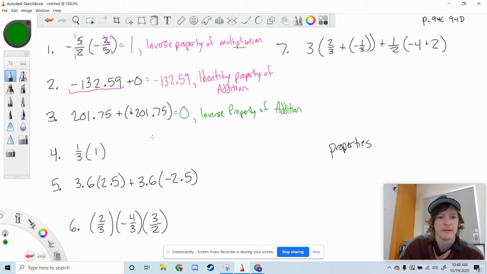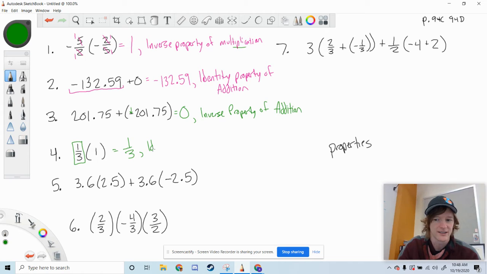All right. Number 4 is going to be kind of similar to number 2, except it'll be just multiplication. Notice our starting number has an identity. Its identity is 1/3. We multiply it by something, and its identity doesn't change. We multiply it by the number 1. Well, anything times 1 is whatever that anything was. Identity means it's like who you are.